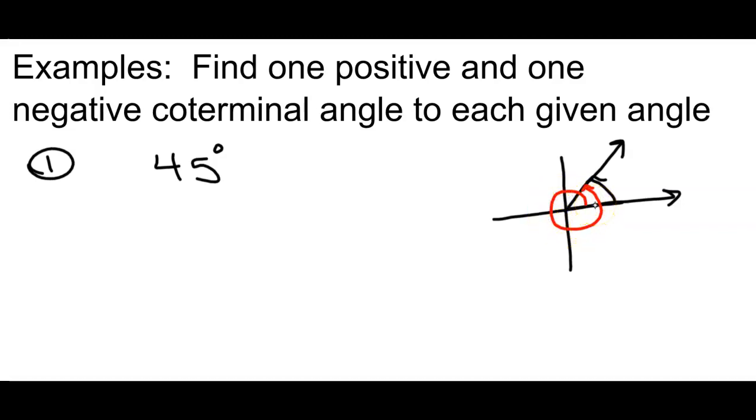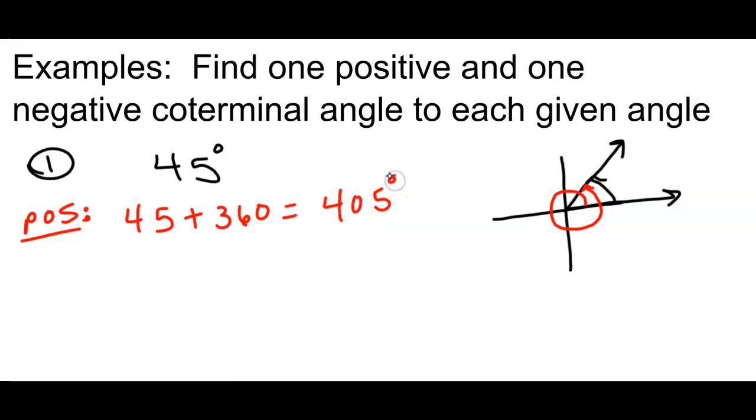So all you have to do for your positive one is take the angle they give you, add a rotation. 405 degrees. For the negative one, it starts in the same spot, ends in the same spot, but it's a different size.